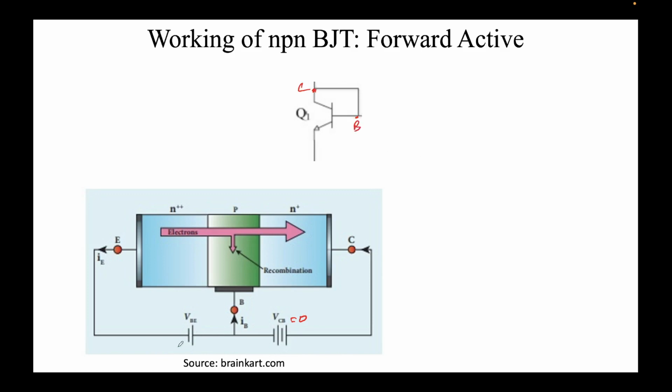The number of electrons ejected from the emitter, some will recombine while most will collect at the collector. That's how a BJT works, and these are the expressions that we can use to analyze our BJT in forward active mode. The first expression that you see is nothing but Kirchhoff's current law: IE is the current going out, IB and IC are the currents going in. Beta, the current gain, is defined as collector current over base current, and alpha, which we use sometimes, is defined as collector current over emitter current.